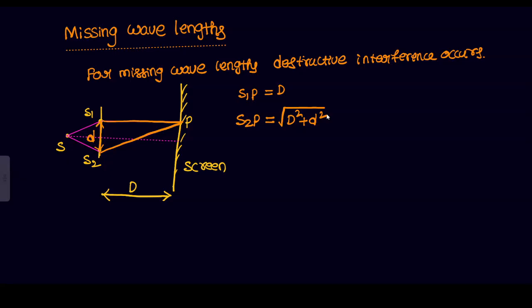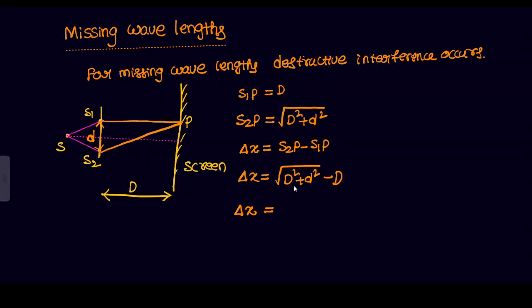Now we need to get the path difference. Path difference delta x is equal to S2P minus S1P. So delta x is equal to square root of D square plus small d square minus capital D. We are doing a binomial approximation here.